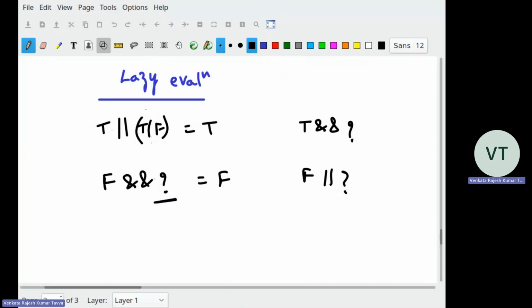Suppose I say -5 or printf hello. What will be the output? Output will be 1. But is 1 the only output?